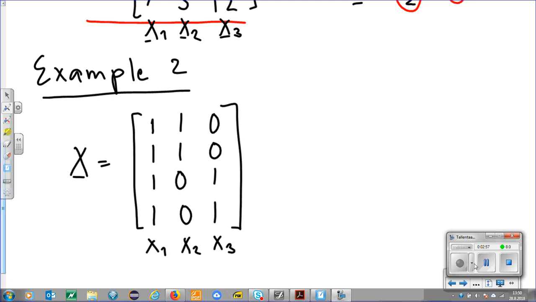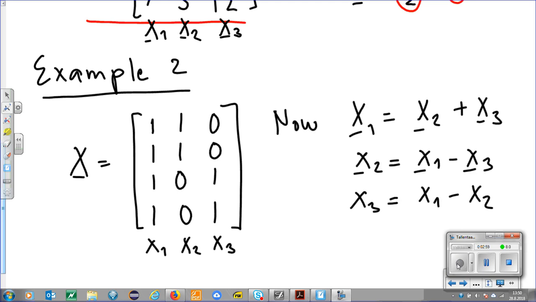In this case, x1 can be written using x2 and x3, and it also means that x2 and x3 can be written using the other 2 predictors.